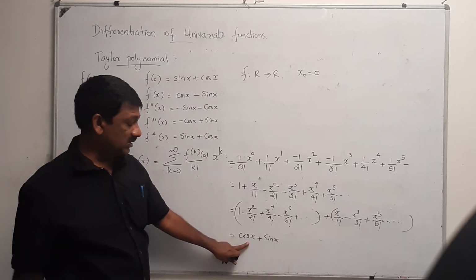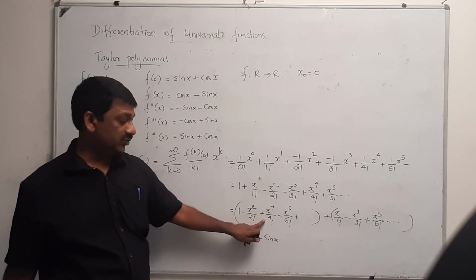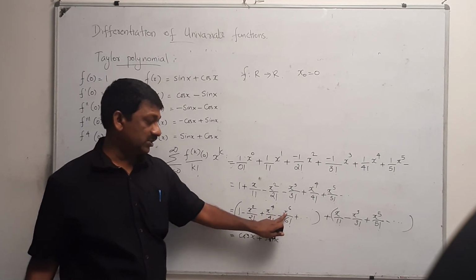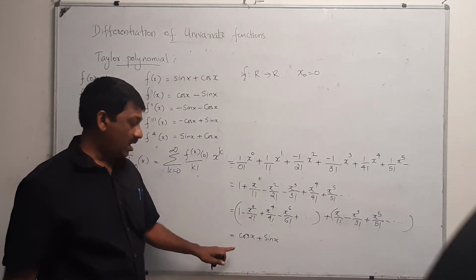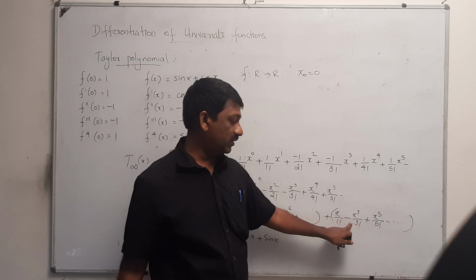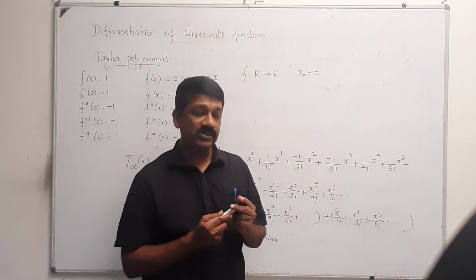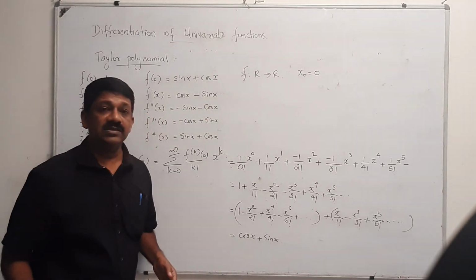So cos x is the expansion 1 minus x square by 2 factorial plus x raised to 4 by 4 factorial minus x raised to 6 by 6 factorial plus etc. And sin x is x by 1 factorial minus x cube by 3 factorial plus etc. So that's all about the Taylor series expansion of sin x plus cos x.